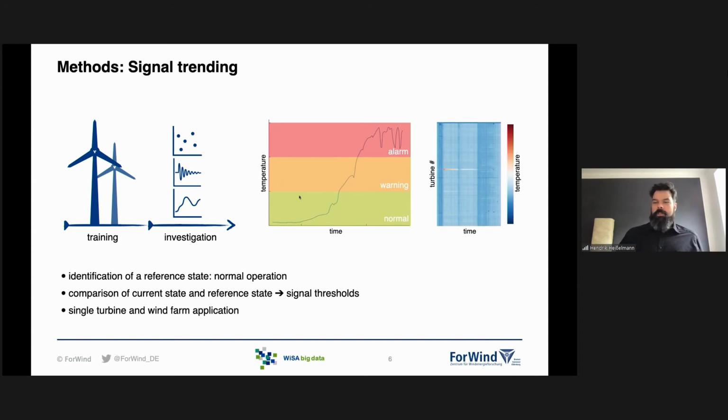And you can do this on a single turbine level, but you can also do this on a wind farm level where you have these turbine numbers here again and time over here. So you can see, for example, one turbine here or 2 turbines which have a higher temperature than usual in this case, and you can identify turbines which have recurring issues. So that's one of the methods.